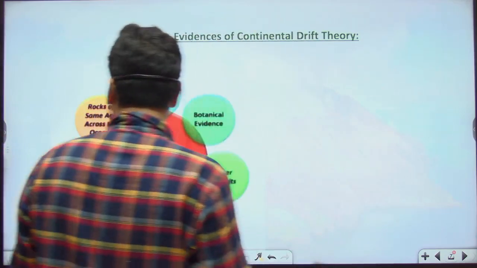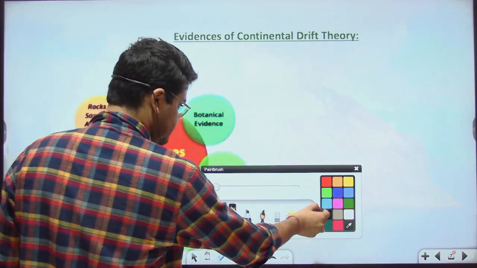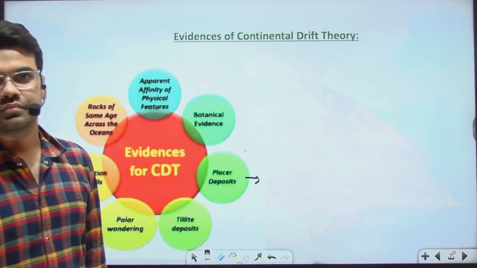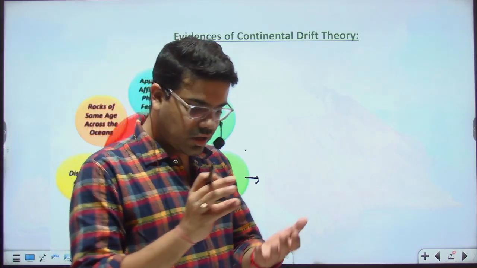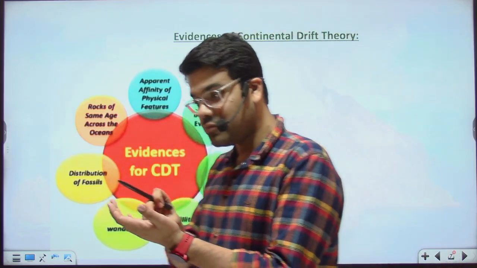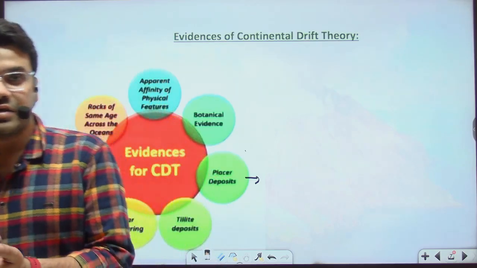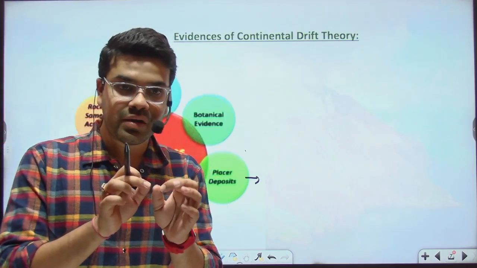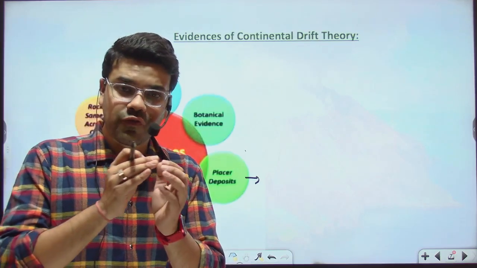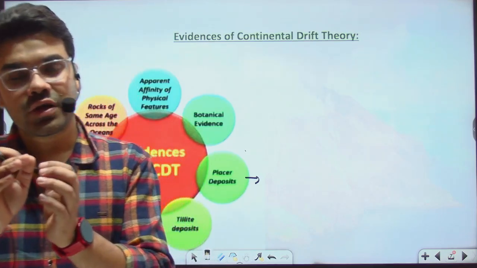Okay, another evidence is placer deposits. What we see on the coast of Brazil, the rivers of Brazil, as well as the rivers of Ghana, the Niger River, is that they have some mineral deposits, gold deposits. How can the deposits of Africa and South America be the same?